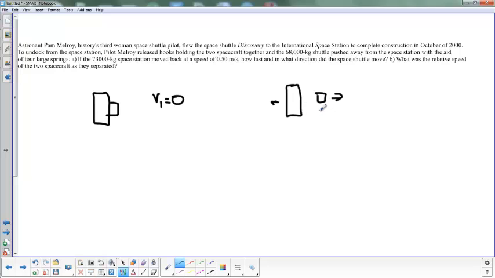And we know the velocity of one of them because we say, well, the 73,000 kilogram space shuttle moved back at a speed of a half meter per second. So we know this thing, and the velocity is 0.5 meters per second. So we want to know what this thing is doing. And we know the masses too. So this thing is 73,000 kilograms, and we know this thing is 68,000 kilograms.